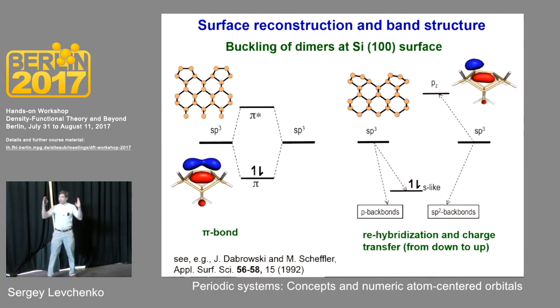However, the symmetry of this dimer can be broken, and in fact, there was a discussion in the literature whether this really happens and how one can actually prove it experimentally. So here you have a symmetric dimer bonding structure. You have sp3 hybrids that form a kind of pi bond and pi anti-bond.